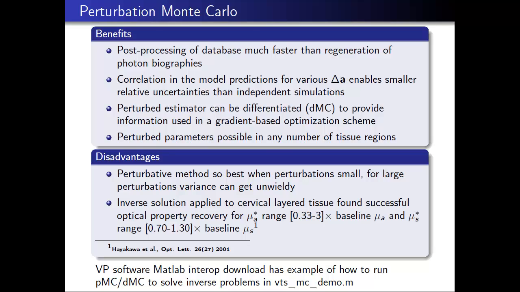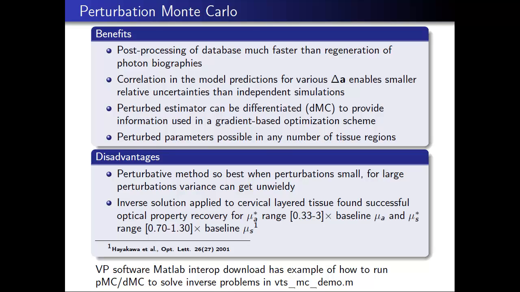So the benefit is that you can store the pertinent information of these random walks into a database and then reread that database in a very quick way, much faster than regenerating the random walks, and determine a multitude of delta A changes and what your model forward prediction would be. But in addition, there's a double benefit, which is that there's correlation.